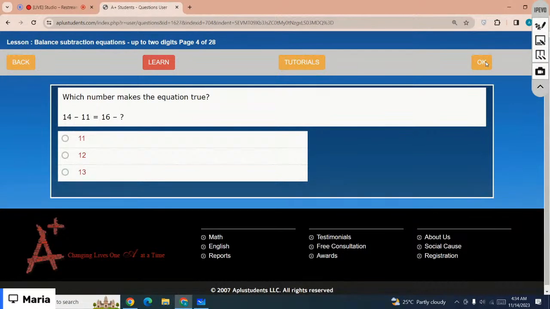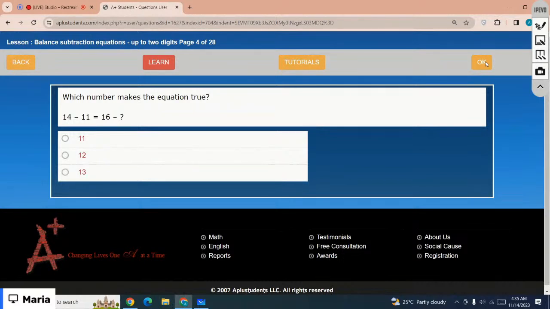Which number makes the equation true? 14 minus 11 equals 16 minus the missing number. So which is the correct option? 14 minus 11 equals 3, right?